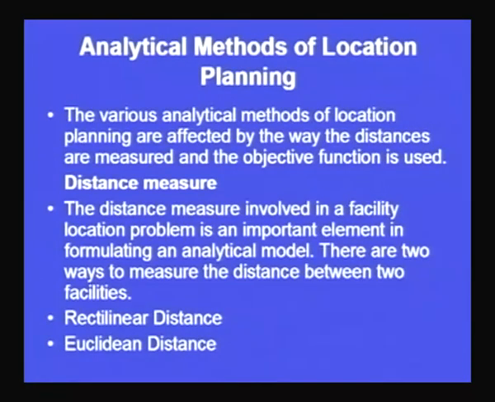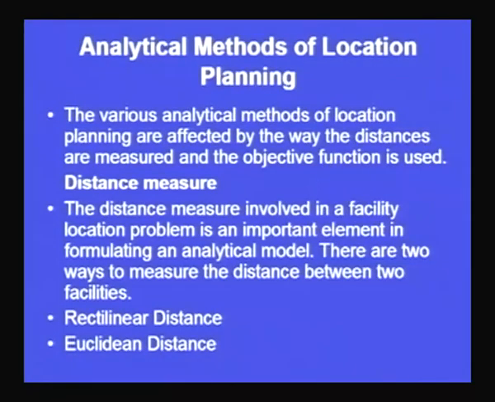The objective function can be profit maximization or cost minimization, or it can be the distance minimization or the transportation cost minimization or the optimization of the distance and the transportation cost. So, different objective functions can be there, but all these will depend upon the way the distances have been measured.